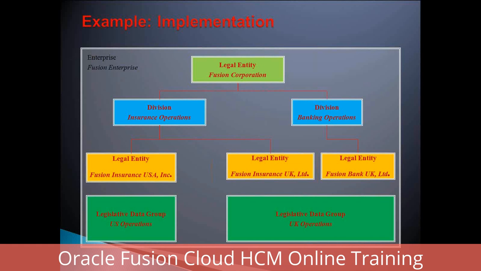And insurance can operate in US as well as in UK. Banking can operate in UK. So the insurance operations of US is a legal entity. Insurance operations in UK is another legal entity. Banking operations in UK is another legal entity.